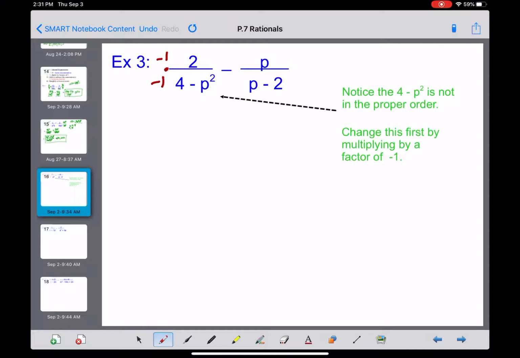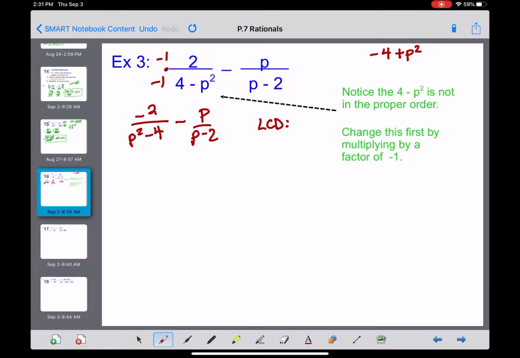Okay, so you're going to get -2 over, this becomes a -4 plus p squared. So p squared minus 4. And then we have minus p over p minus 2. Okay, so now we need to find our LCD.